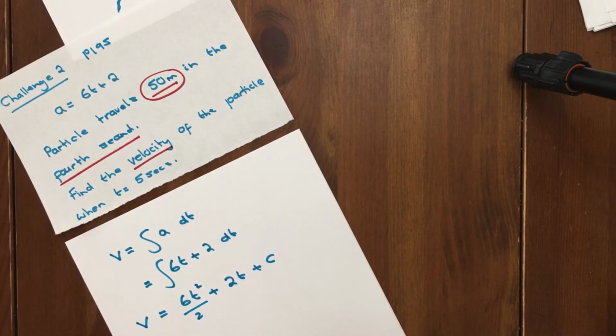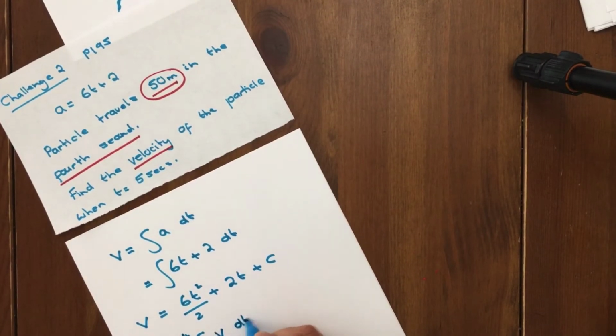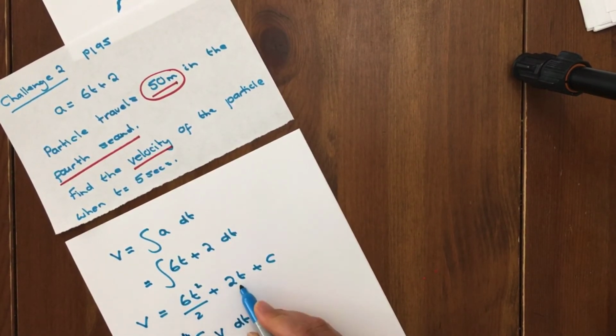So what I'm going to do now is I know that my distance travelled, as long as my velocity time graph doesn't go below the x-axis, if I just look at the 4th second, i.e. between 3 and 4 seconds, if I integrate my velocity, this equation here, I will get the distance travelled.